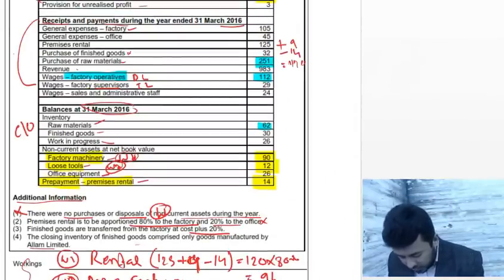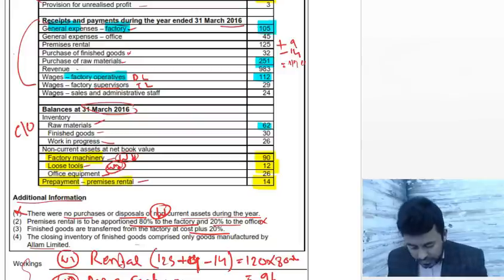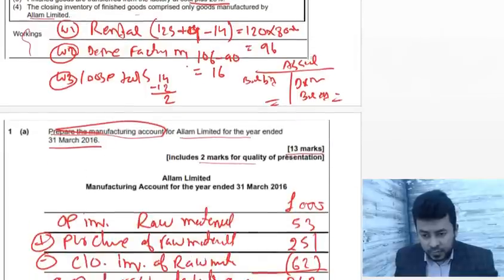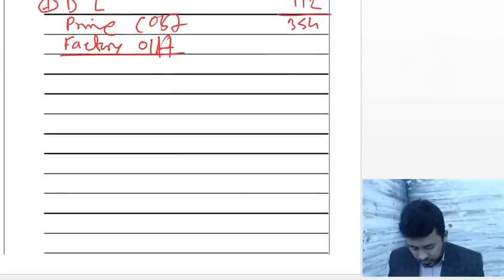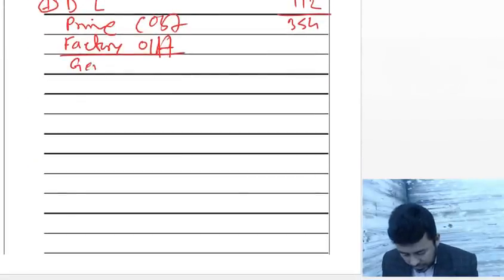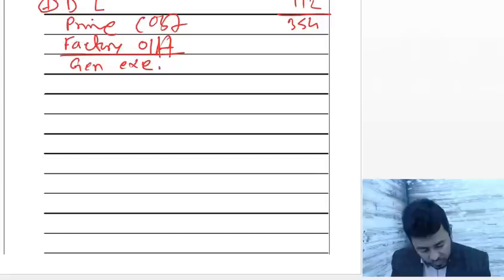Yeah, there we go. Factory general expenses of 105. I'll take into account to gain my 1 mark. General expenses, I'd write in 1 column. You can make 2 columns.